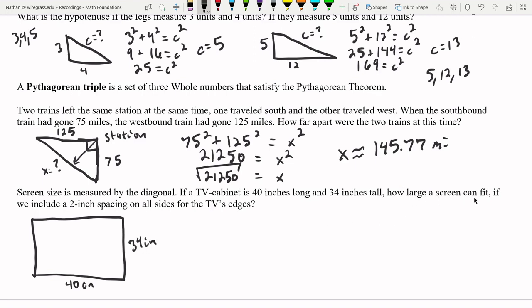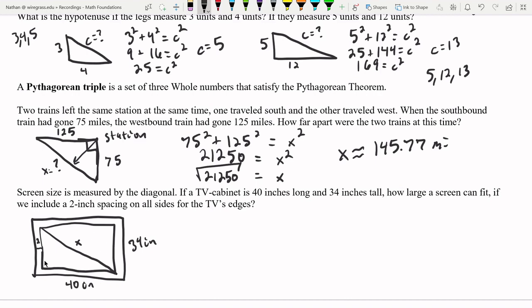How large a screen can fit in here if we include a 2-inch spacing on all sides for the TV's edge? So there's going to be 2 inches all the way around so that we have the edge spacing for the TV. So the TV can fit right into the inside of here. And this is the diagonal where we're asking about. This equals what?